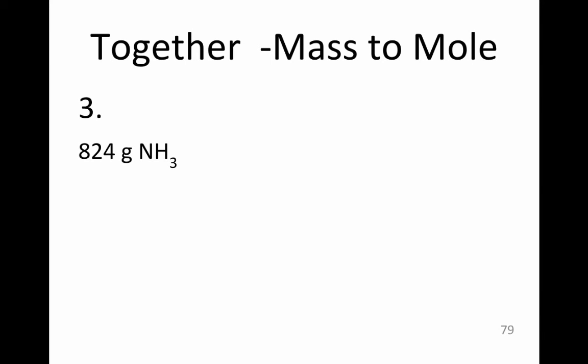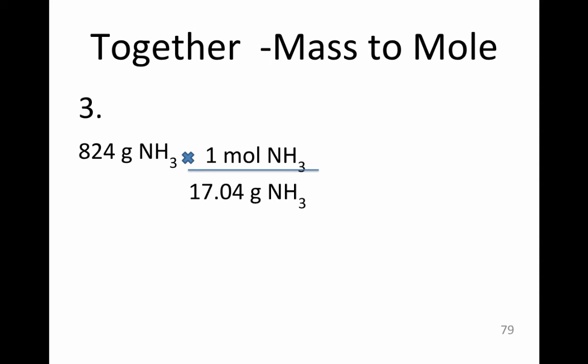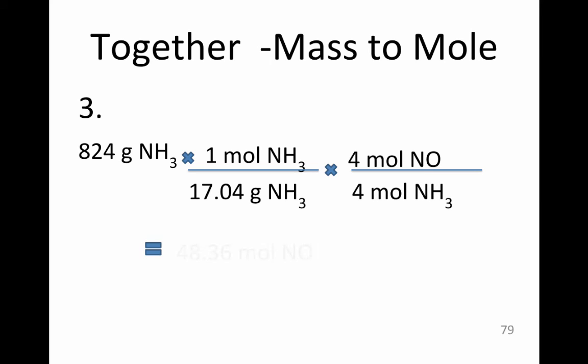So you start with the 824 grams of ammonia, 1 mole per 17.04 grams, molar mass. 4 mole to 4 mole should be 48.36 mole of NO.